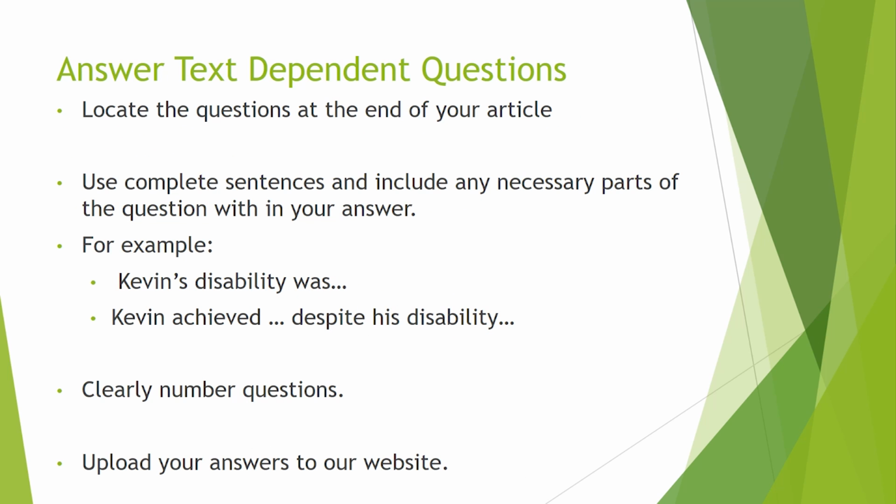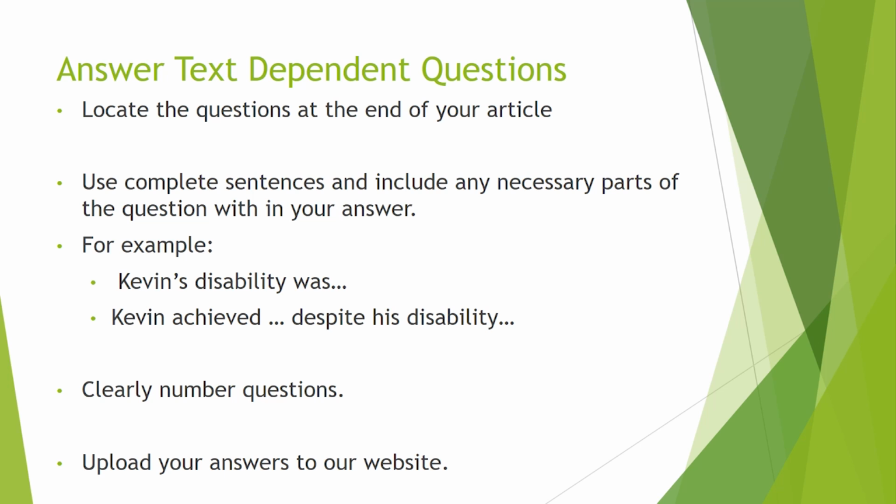So the last part of our work today, we're going to answer some text-dependent questions. I want you to locate these text-dependent questions at the end of the article. There are 3. When you're answering these questions, make sure you clearly number them. Many of them are 2 parts, so you need to make sure you also use complete sentences and include any necessary parts of the question within your answer.